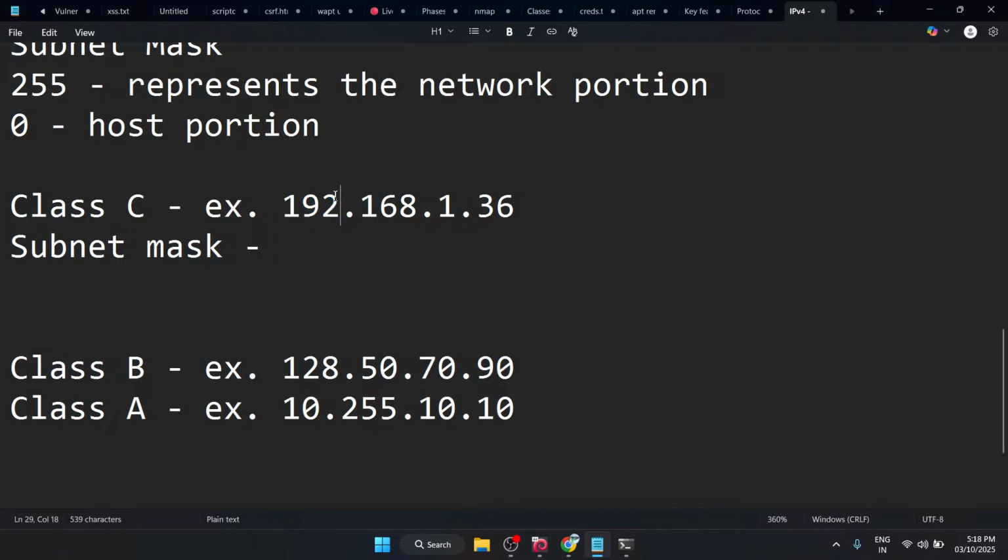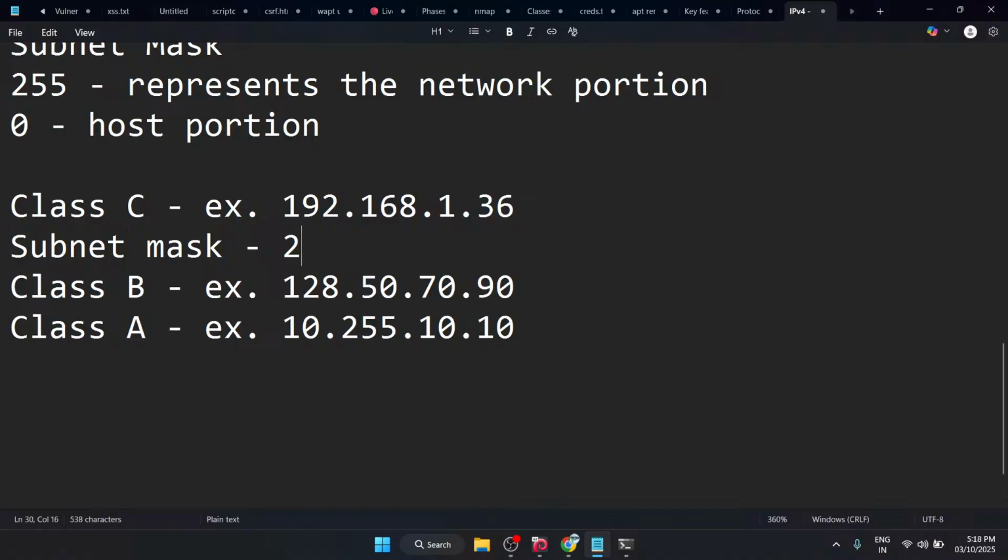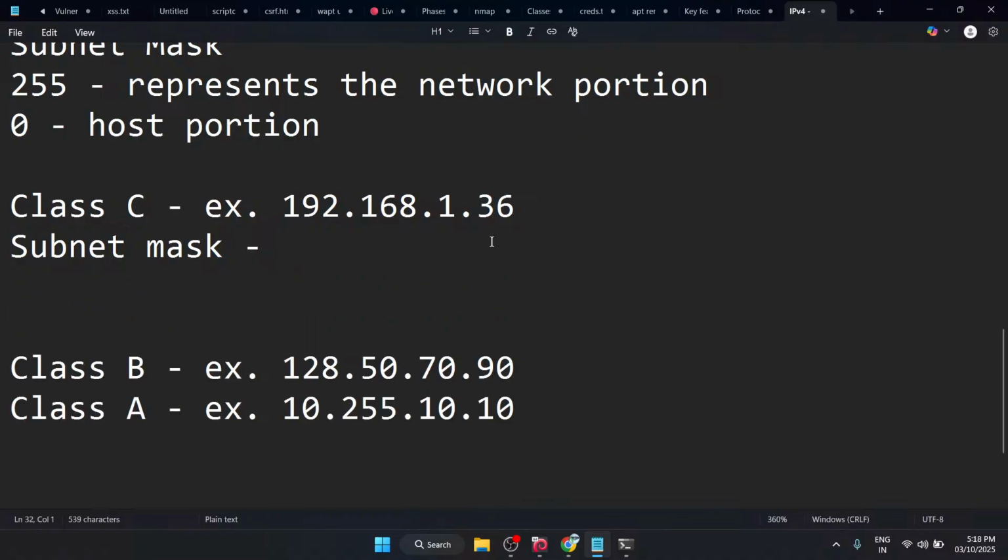The subnet mask is gonna be 255.255.255.0. I told you 255 represents the network portion, and 0 represents the host portion. So if we talk about the network address, we need to find out the network address of this particular IP.